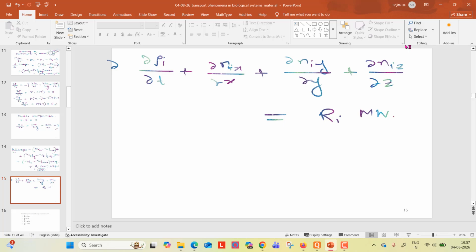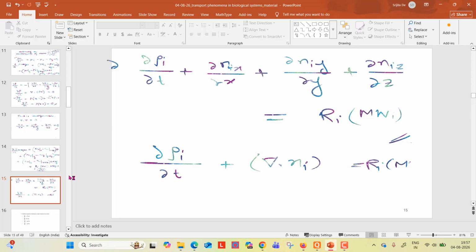If you remember. So in vector form, it is del rho I del t plus divergence of Ni equals Ri into its molecular weight.